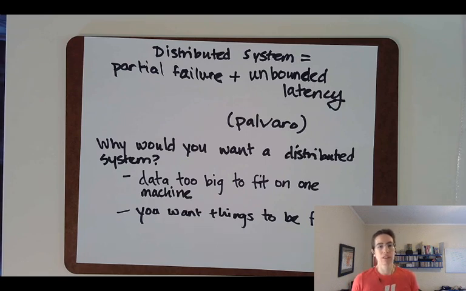But that doesn't necessarily help if that machine crashes, right? If I want my redundant copies to actually fail independently, then I need them to be physically separate in some way, right? And the more physically separate they are, the less likely it is that their failure is going to be correlated. So that's yet another reason why you might want things to be distributed.